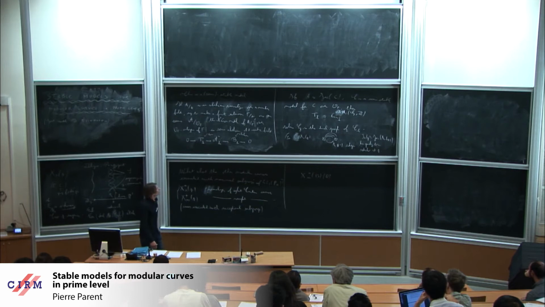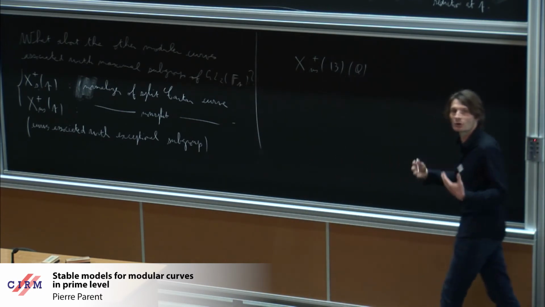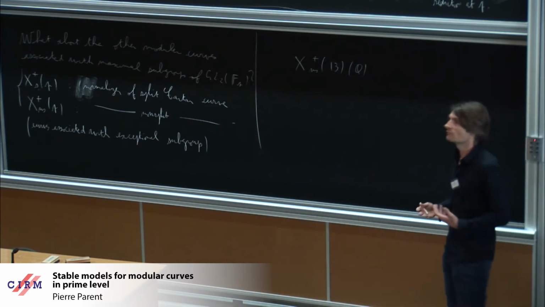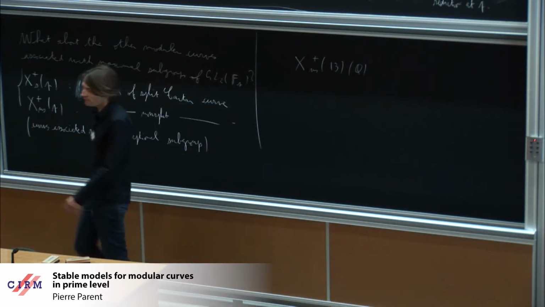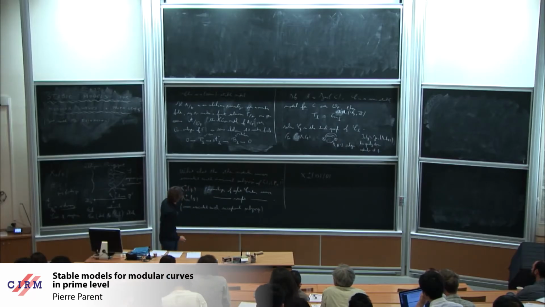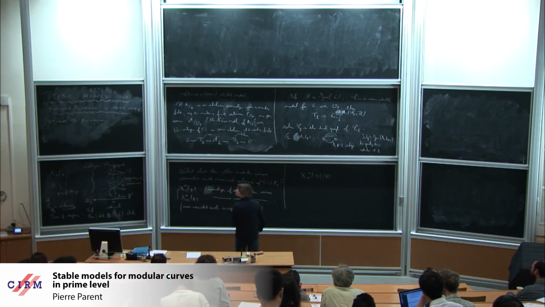And I understand that it is not a crucial hypothesis for them to know that the reduction is good at 13, but at least they need to have some control on the type of reduction of the curve everywhere. So, this provides another motivation for this description of semi-stable models for those. So here is the result I will try to discuss.